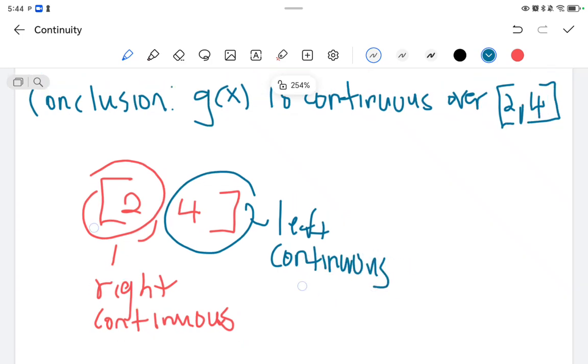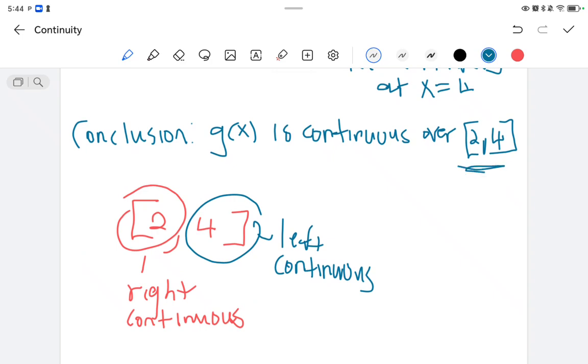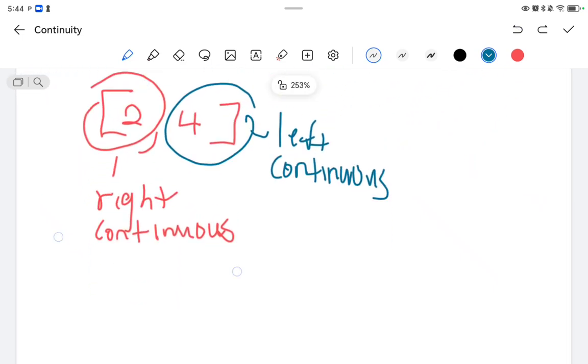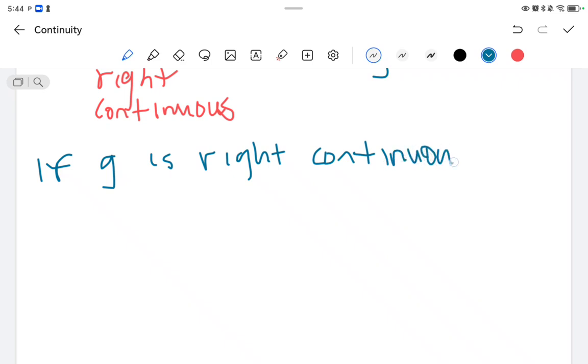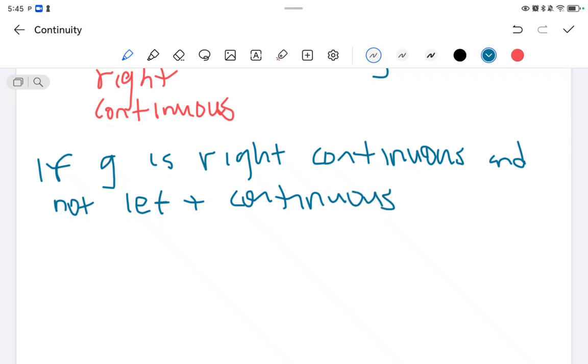When they're both continuous, we represent it like this. But if g is right continuous and not left continuous, then we represent it like this.